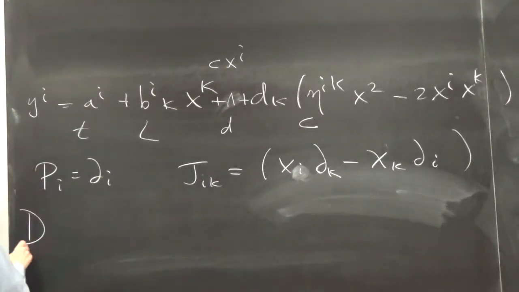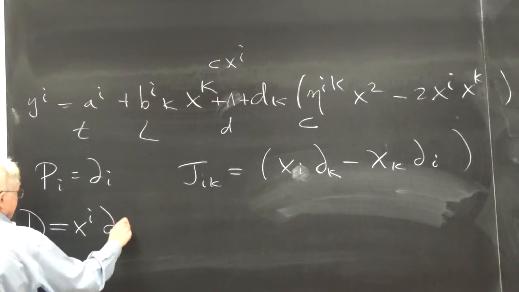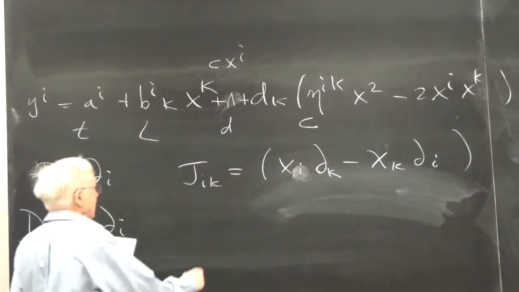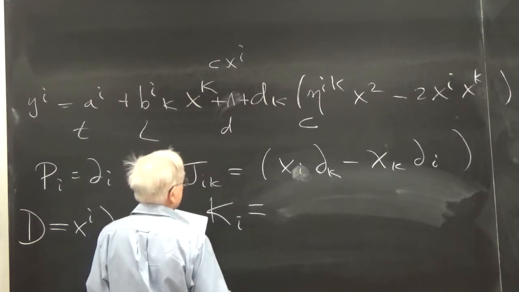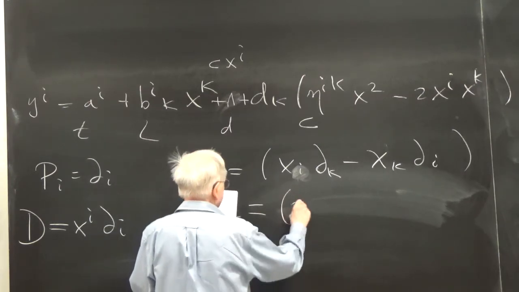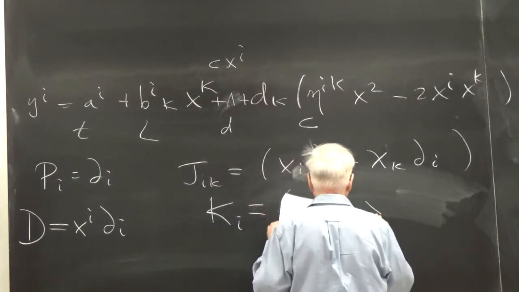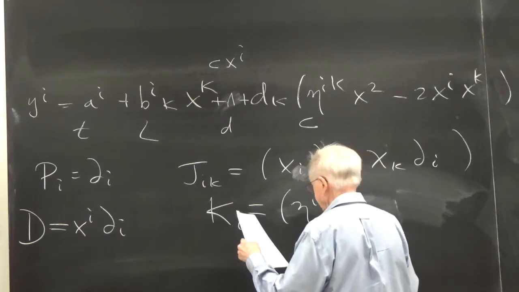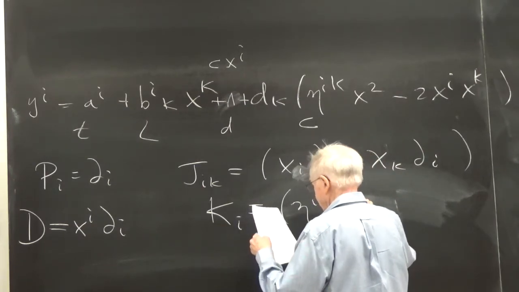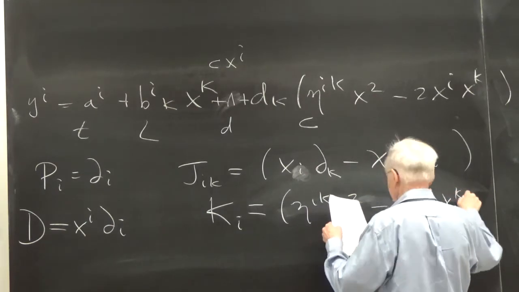And then it turns out that the dilation operator is x_i del_i, and the conformal generator is eta_{ik} x squared minus 2 x_i x_k, times del_k.